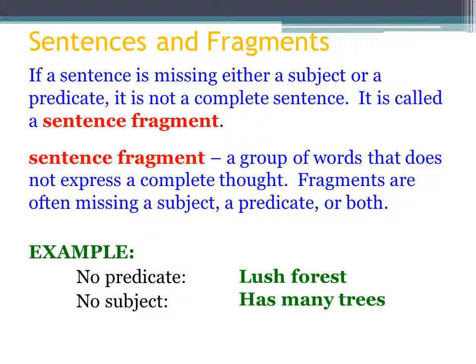Now, if we were to combine the two of these together, however, if we were to say the lush forest has many trees, now we have a sentence that consists of both a subject and a predicate. You'll also notice that in most cases in the English language, sentences begin with the subject and the predicate comes after. That's not always true, as with many things in the English language. There are no absolutes, but most of the time in a simple sentence, the subject comes first and it is followed by the predicate.